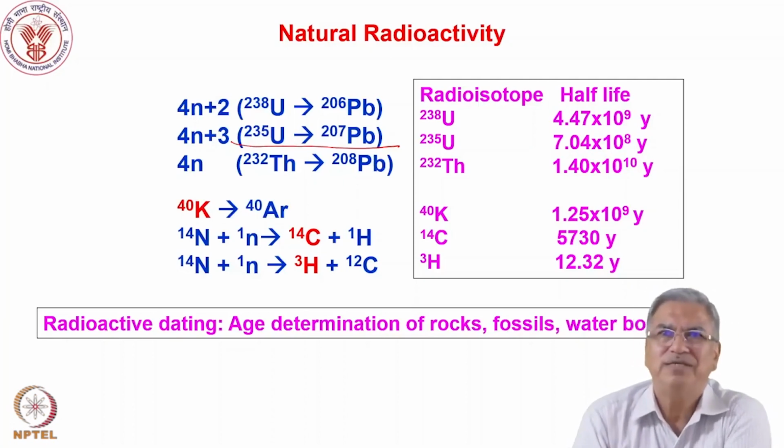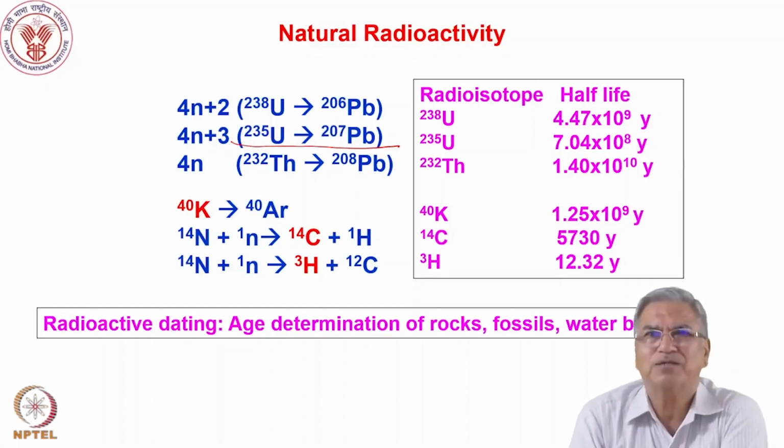Now you can see their half-lives are either comparable to or more than the age of Earth, and that is the reason why these isotopes are still present in the Earth. Another explanation you can see here: uranium-235, which is the fissile isotope, its content is much less.